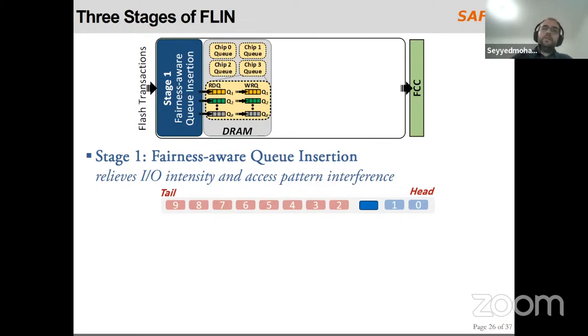And if it belongs to the high intensity flows, we insert it in the tail of that queue. However, it's not the whole thing.